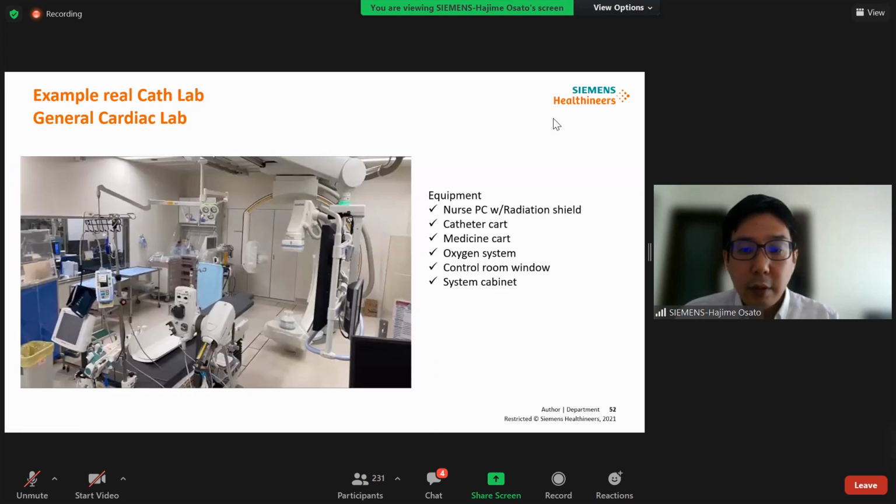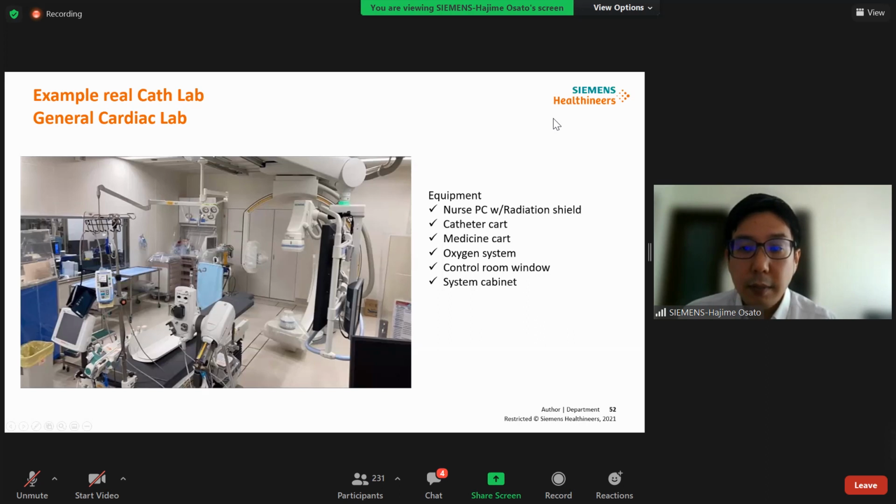All right, from another view, we can see the nurse PC here with a radiation shield, the catheter cart here, the medication cart here, and the oxygen system here from the wall, right? The big lead glass window is set between the control room and the examination room, and the system cabinet is set in the wall.